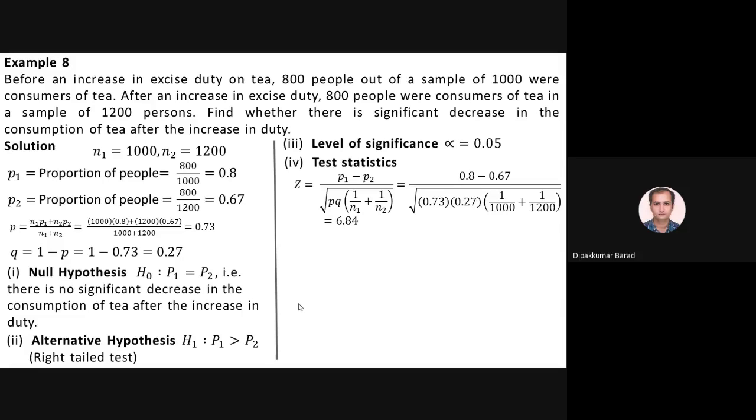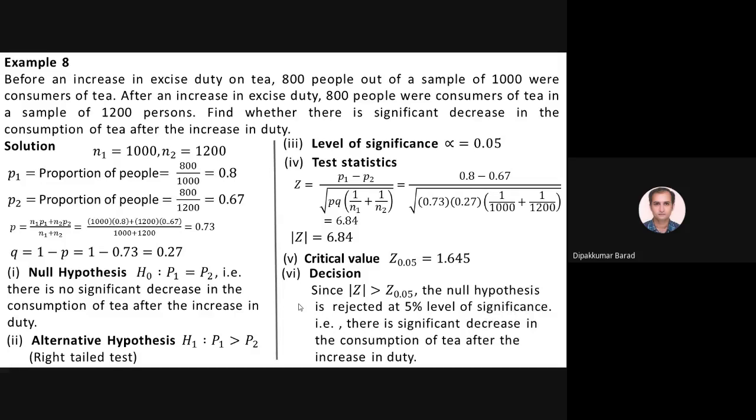After putting in all these values, I get Z equal to 6.84, so mod Z is also 6.84. At the 0.05 level of significance for a right tail test, Z is 1.645. Comparing, mod Z is greater than Z 0.05, so the null hypothesis is rejected at the 5% level of significance.